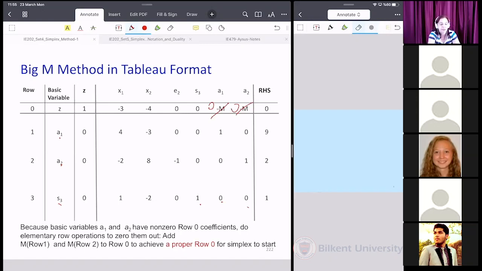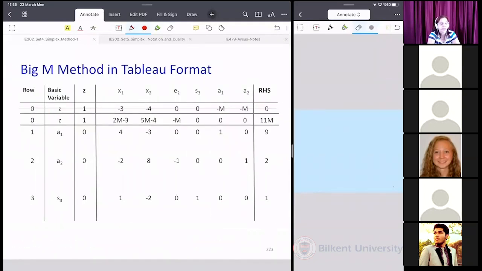Well, since these are 1, I'll just add +9 times this and +2 times this. That will give me zeros in row 0. Let's see. Here it is. Now I have my appropriate simplex table. All artificial or basic variables have 0 in the row 0 coefficients.